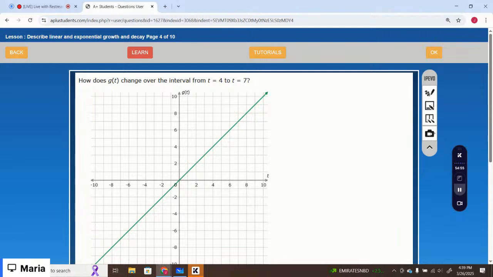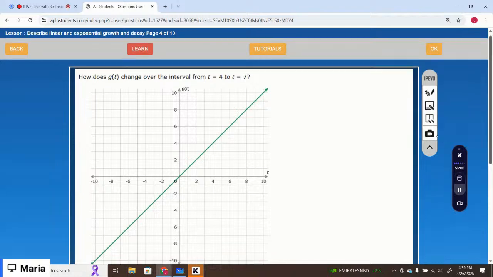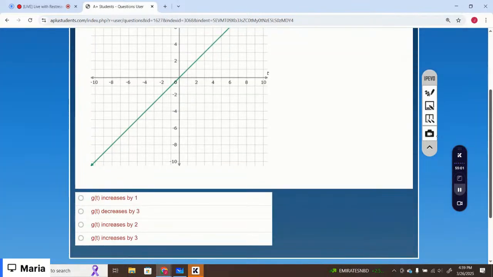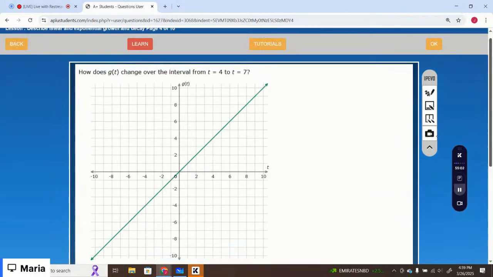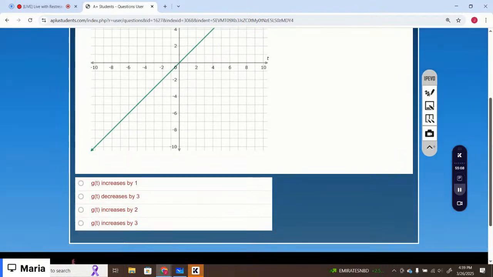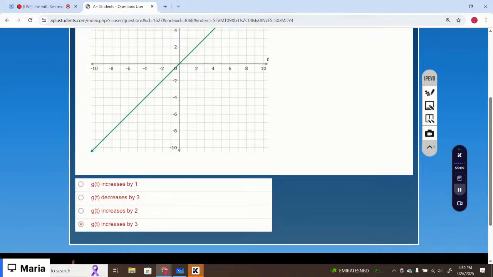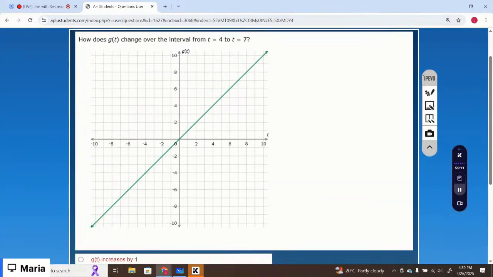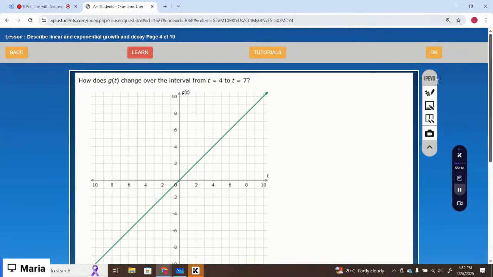The correct option is, when t equals 4, g of t is 4. When t equals 7, g of t is 7. The function increases by 3. The last option is the correct option. Okay, you can complete the lesson by yourself later today.